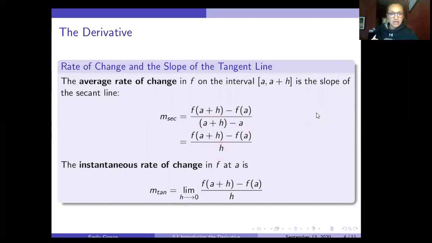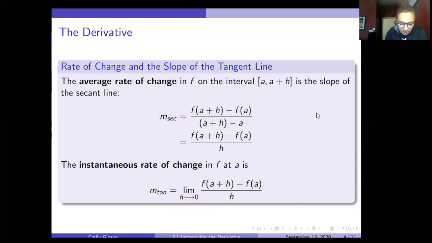And often this definition is a little more useful than other definitions, but you really need to know both of them down into your bones to be able to be successful in this class. The instantaneous rate of change in f at a is exactly the limit of the secant function as h goes to 0.